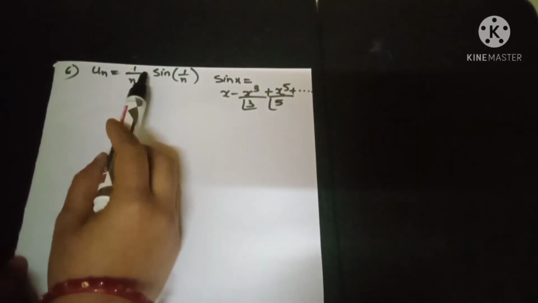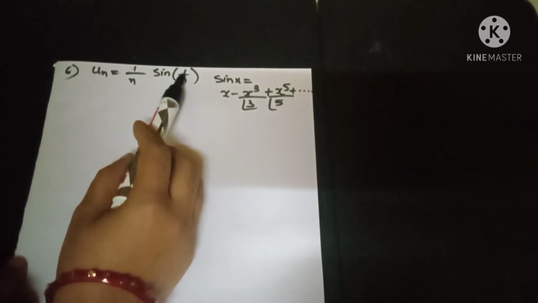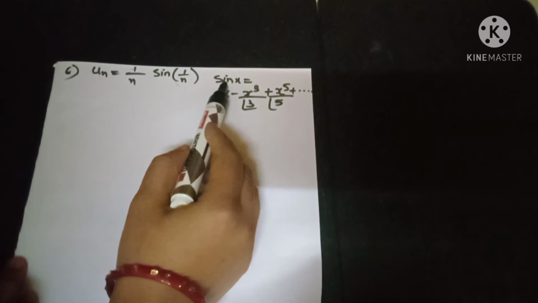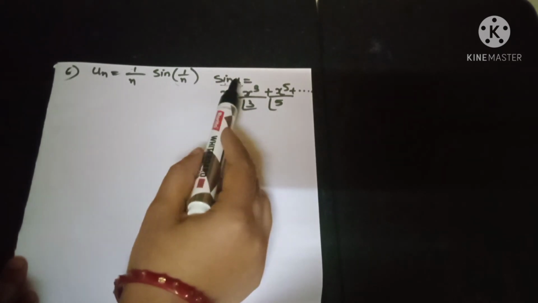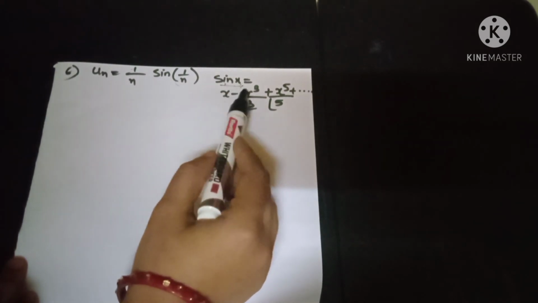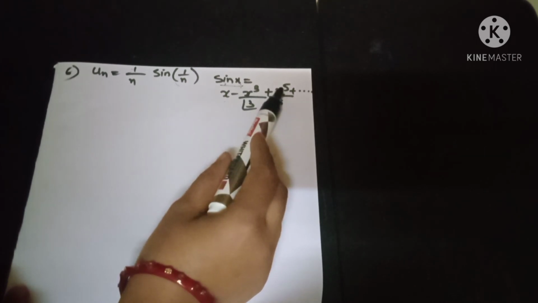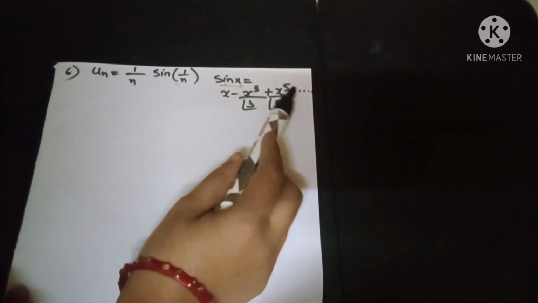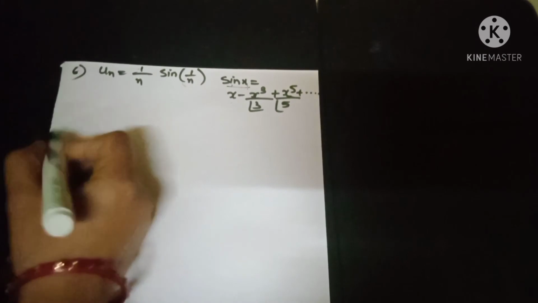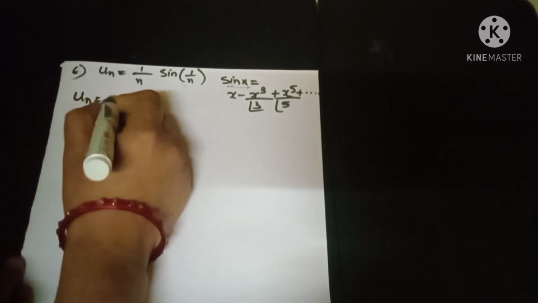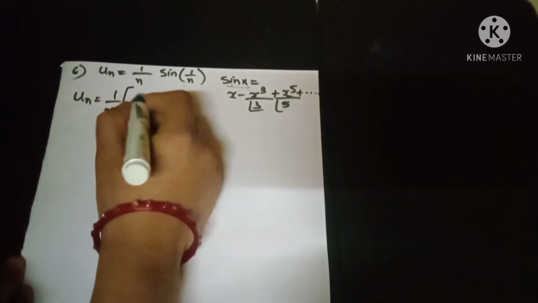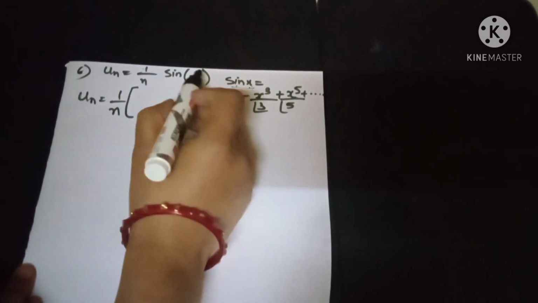Un is equal to 1 by n sine of 1 by n. The expansion of sine function is sin x is equal to x minus x cube by 3 factorial plus x to the power of 5 by 5 factorial. So un is equal to 1 by n into, where x value is 1 by n.